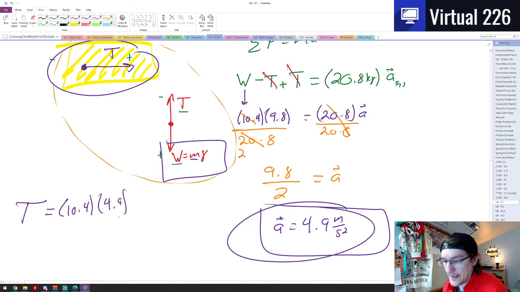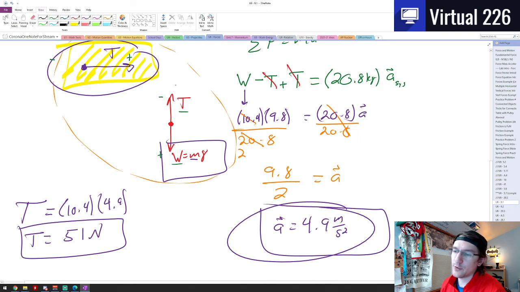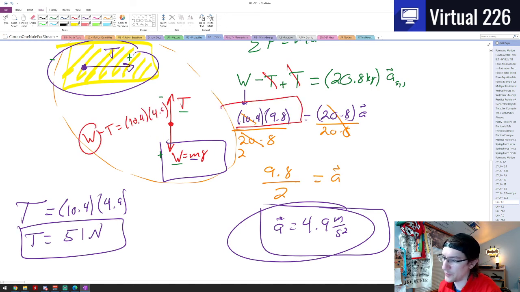And when we solve that, we get approximately 51 newtons for the tension in the rope. If you wanted to, you could have used the equation weight minus tension equals 10.4 times 4.9, and then put in the value of weight here being 10.4 times 9.8. But that's just a little bit extra work that I don't want to do, so we used the upper equation here to solve that instead.